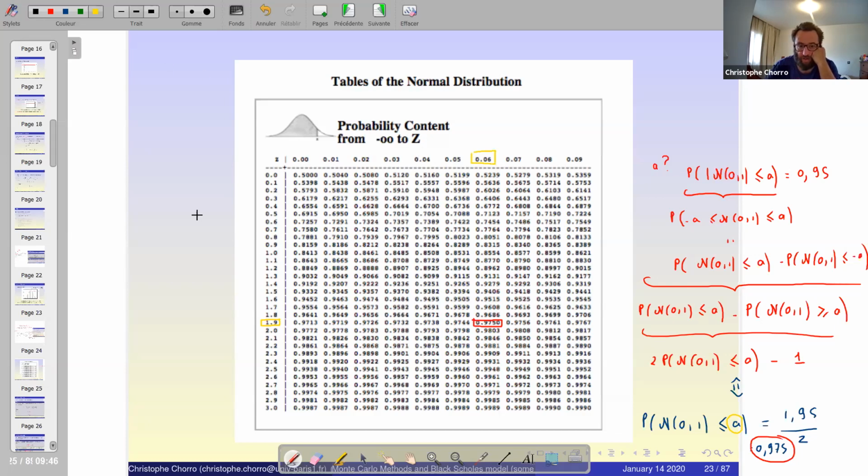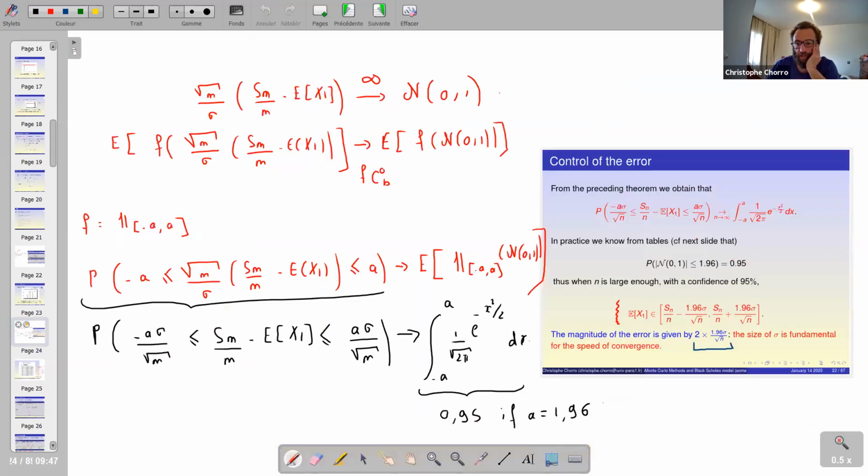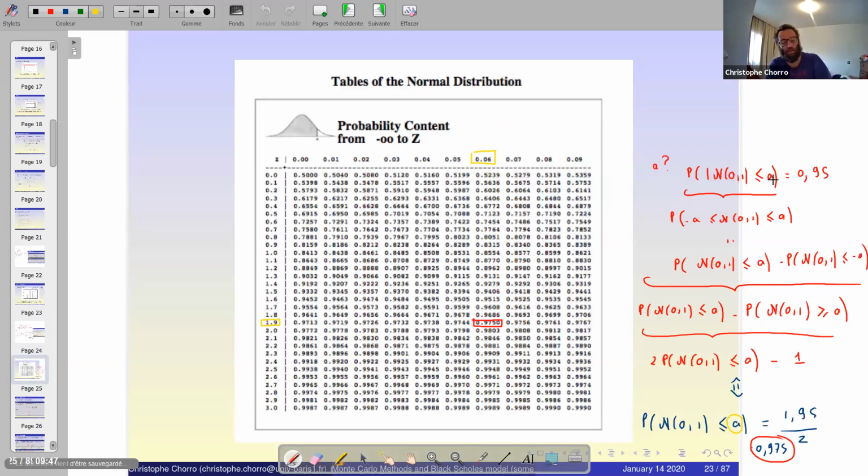And that's why we find here the A that is 1.96, the one that I have used in the previous slide. It's the one I obtain from the table. And of course, you can increase the precision. You can take here 0.99, and if you do this, you obtain another A related to a confidence interval at a level of 99%. But in general, in practice, 95% is the level we use and the level that we will use in this course.